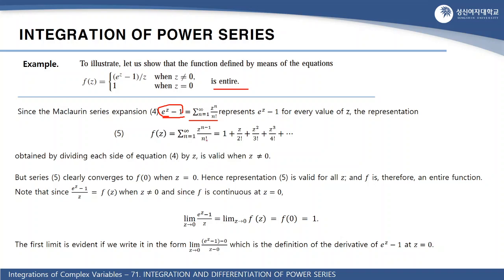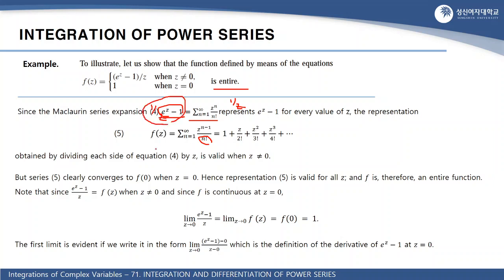Here f of g is equal to the summation n is equal to 1 to infinity of g to the n negative 1 divided by n factorial, because we multiplied both sides by 1 over g here and here.